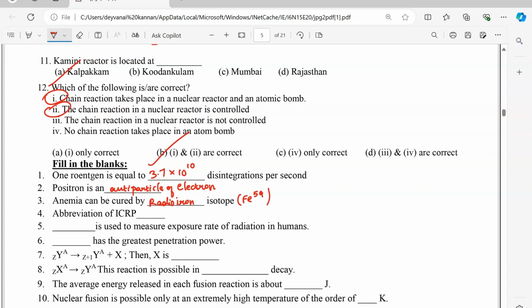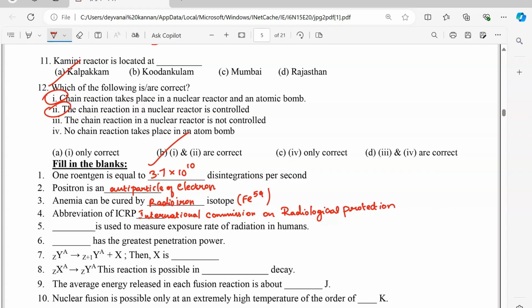Abbreviation of ICRP: International Commission on Radiological Protection.